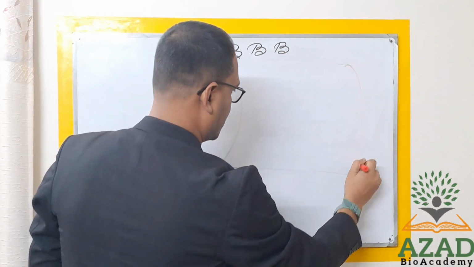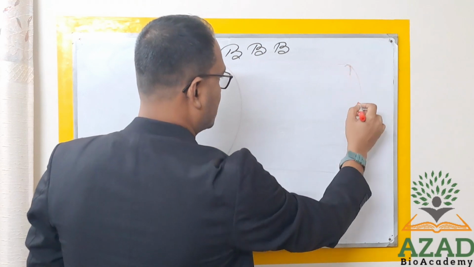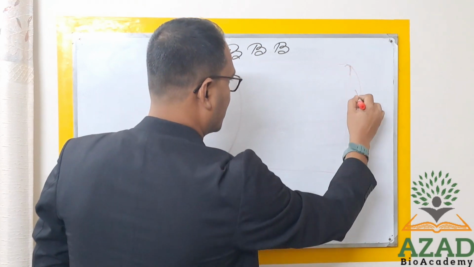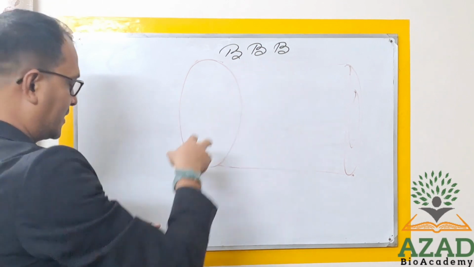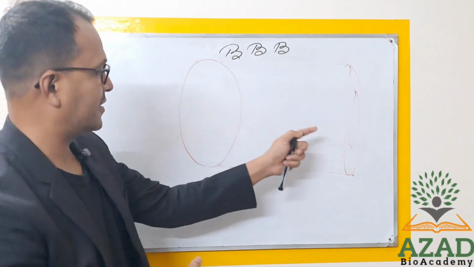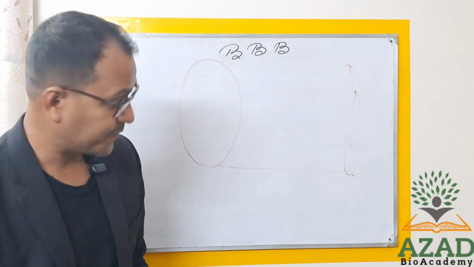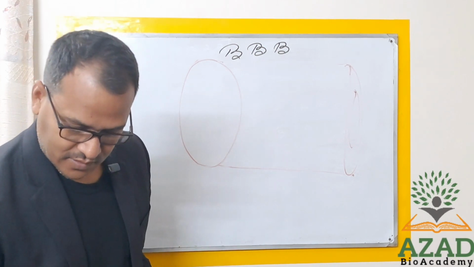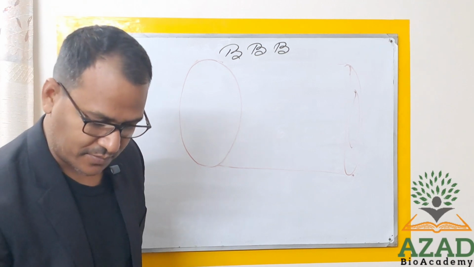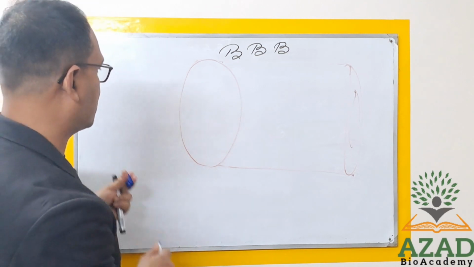My pen is not working properly. I will mark the blood vessel in red color, though I have to avoid it because of the color problem. Okay, so come to the point.